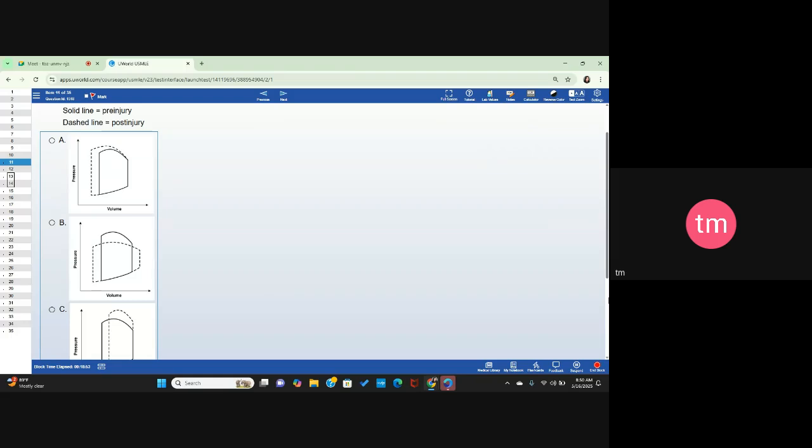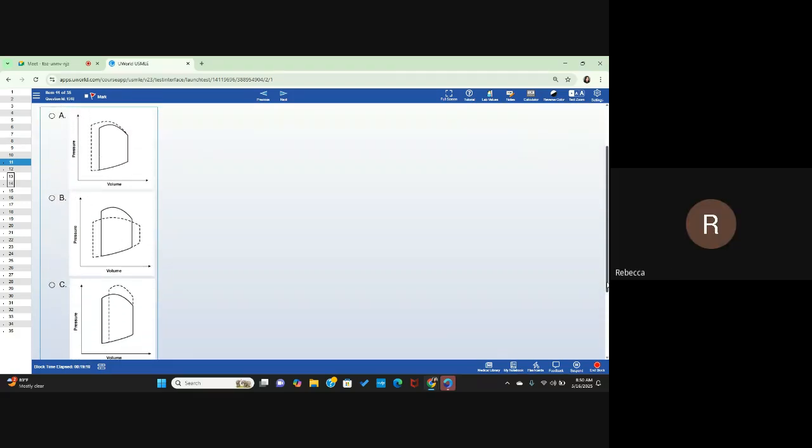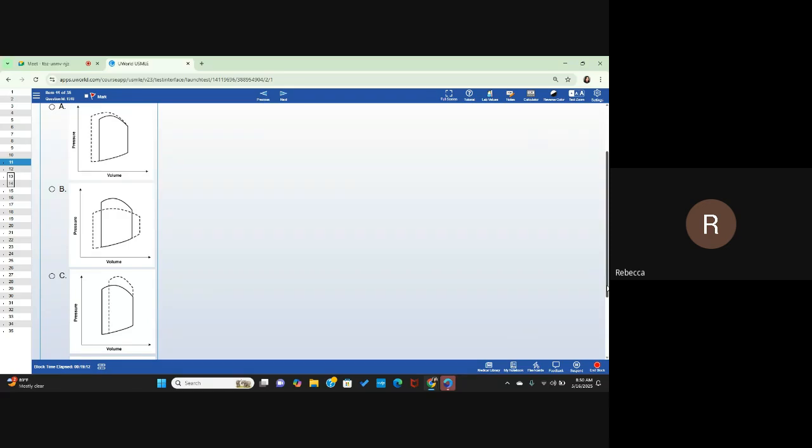B. From the clue you said it's going to increase everything, so that should be B. Increase preload and increase.